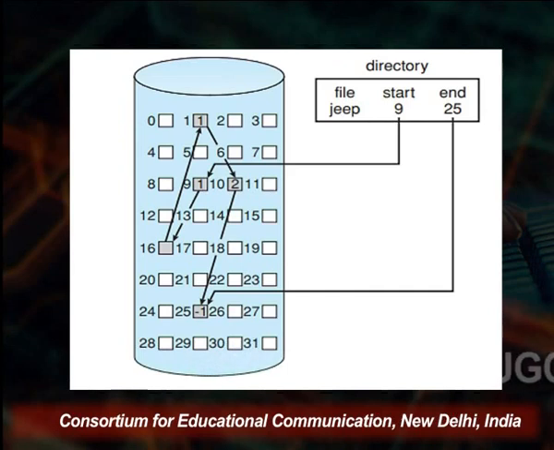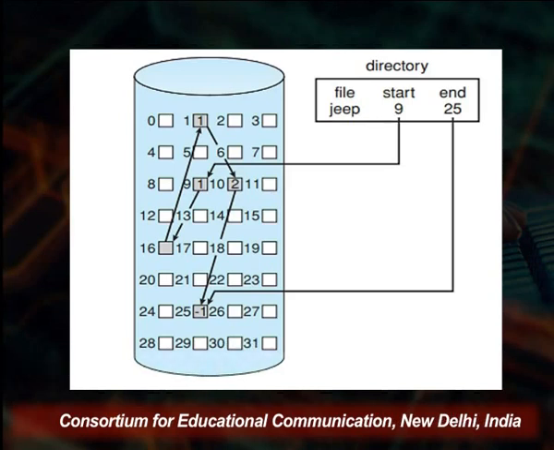And please notice the presence of a -1 value inside block number 25, which indicates the end of file here. This is the special value I was just talking about. So the presence of -1 indicates that the file is going to end here.